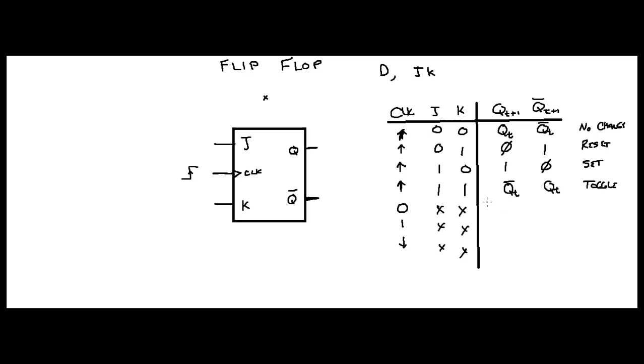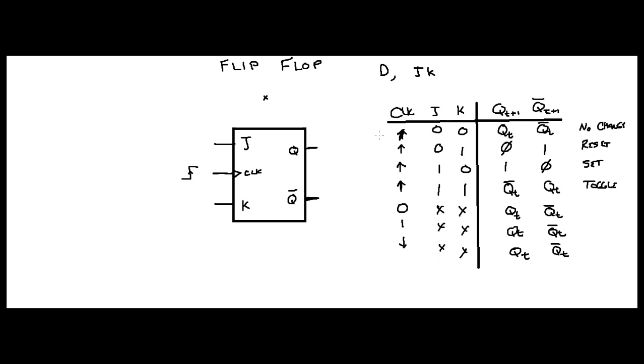So these pretty much are going to stay Q T, Q bar T. So all of these, they don't change because it's looking for a positive edge.